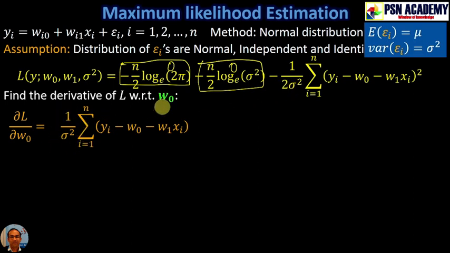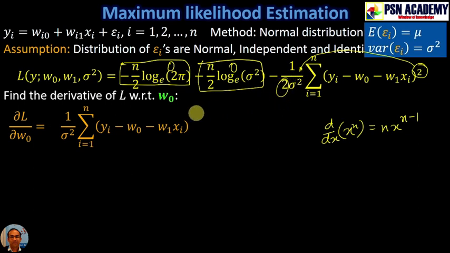So it is 1 by sigma square because this 2 is cancelled out due to this 2, because whenever you go for derivative, this power 2 will come in front, because we already know that d over dx of x raised to n will give you n x raised to n minus 1, right? So 2 comes in front, and that 2 and this 2 gets cancelled, and you remain with 1 by sigma square. And you put this whole figure from here to here, over here.